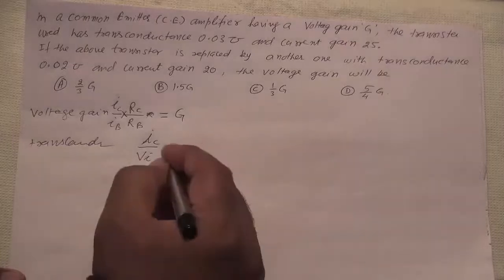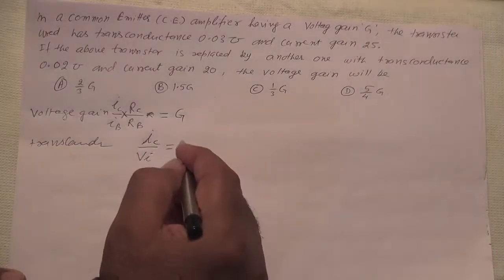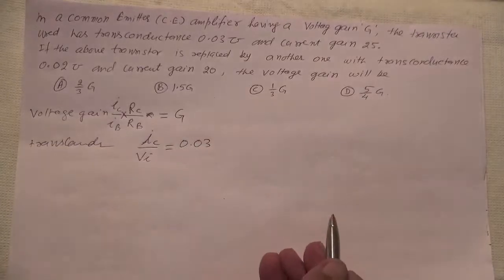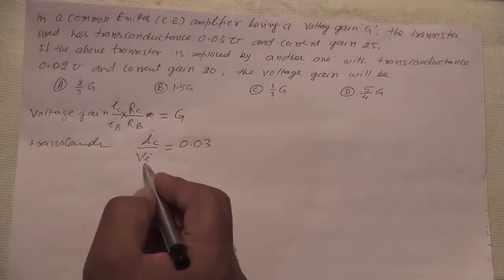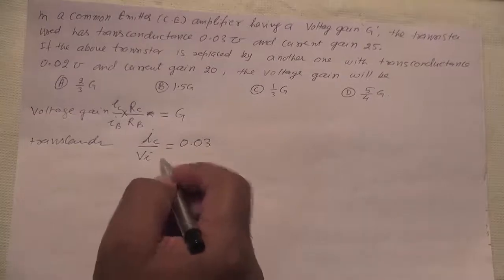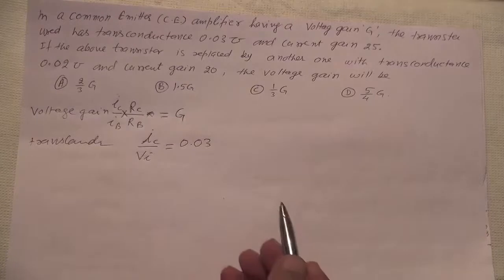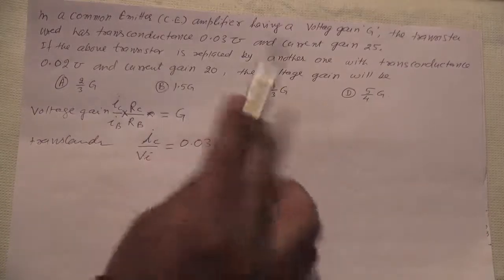और ये हमको दिया गया है 0.03। अब ट्रांसकंडक्टेंस में ये VI आया है, V इनपुट, और V इनपुट को हम चाहे तो R की टर्म्स में कन्वर्ट कर सकते हैं, क्योंकि हम सब किस में डील कर रहे हैं?